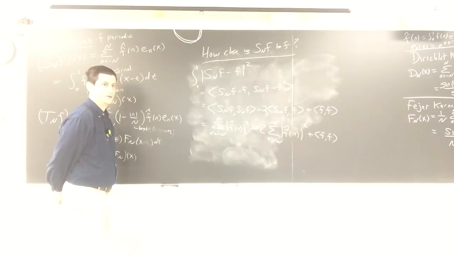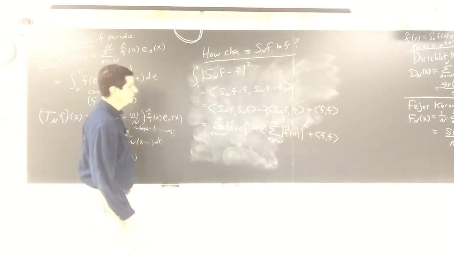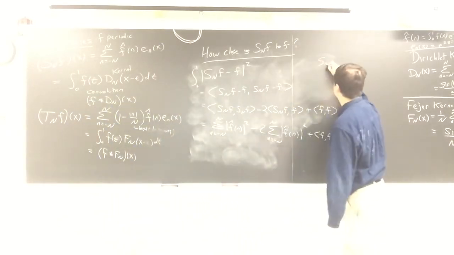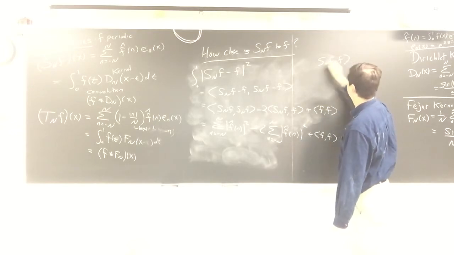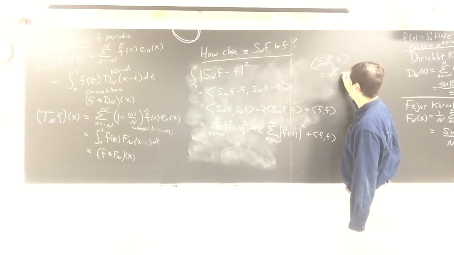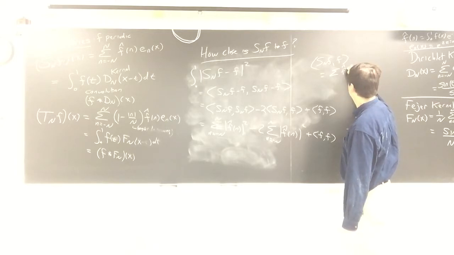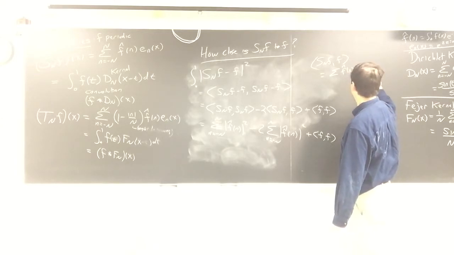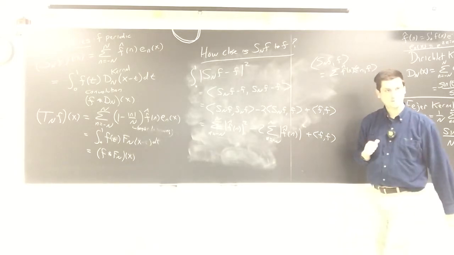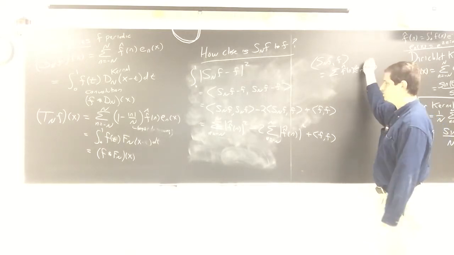Okay. So when you just take the dot product of this, just very, very briefly, Sn of f dotted with f, you'll get a sum of f hat of n En dotted with f. But En dotted with f, this is just the complex conjugate.